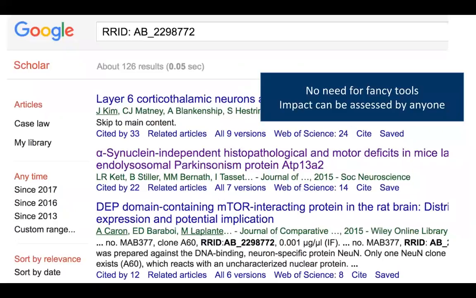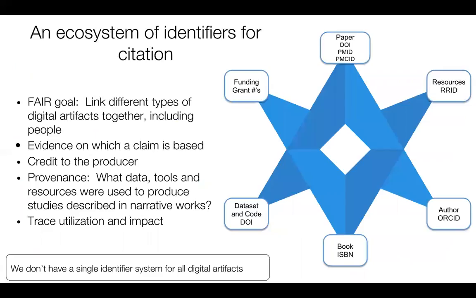Now, without any fancy tools, as Maryann had alluded to, without natural language processing or anything else, every one of us can go in with an identifier, an RRID, in this case for an antibody that's fairly commonly used, go into Google Scholar and do this exact same search. And they can set up a monitoring system for who is using my tool. That is a very easy thing to do if we have the cooperation of the authors and the journals.